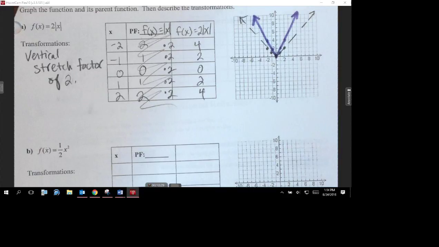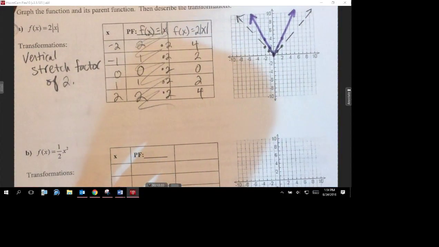Let's try one more. We'll try letter B together. So the first thing you need to do for the next example is figure out what the parent function is. What family is f of x equals 1 half x squared?